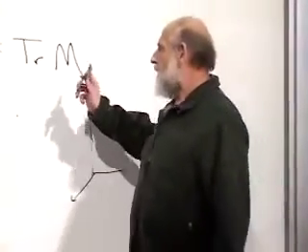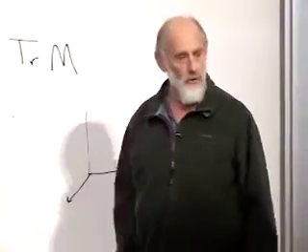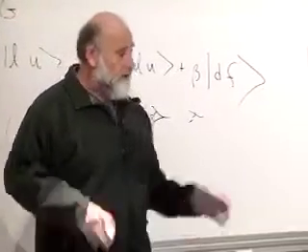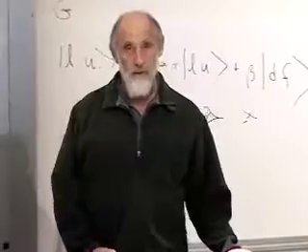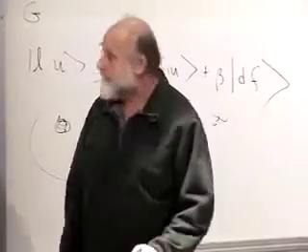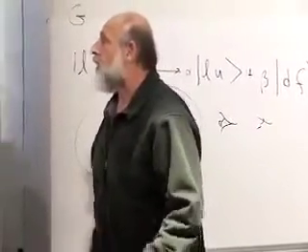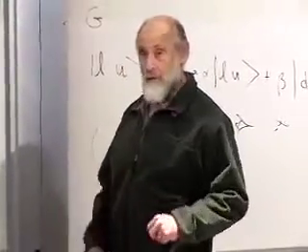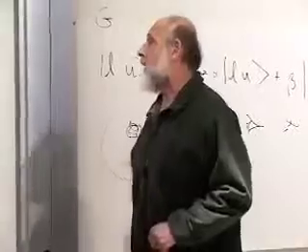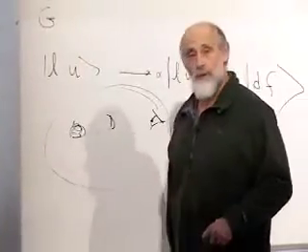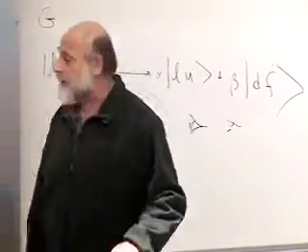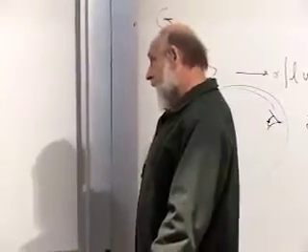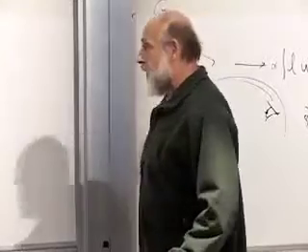The trace of a matrix is independent of the choice of basis vectors. It's an invariant. It's a quantity which does not depend on your choice of basis vectors. And so all choices of basis vectors give the same value for the trace. That's an important little theorem, and it plays an important role in what follows, but you look it up or prove it yourself. It's not hard to prove. Okay, that's the definition of the trace of M.